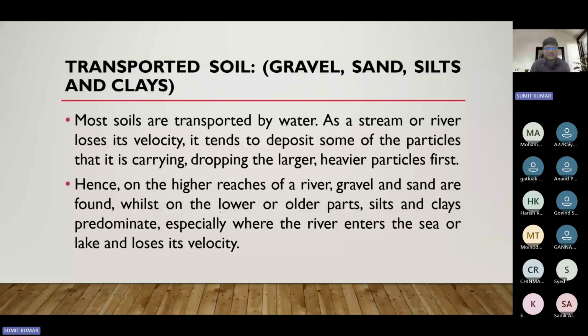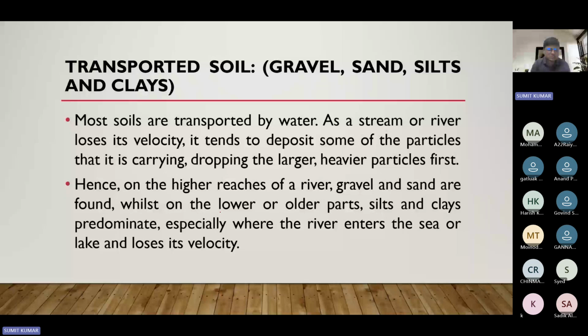As it moves forward, it now carries the small particles with it, but as the velocity goes down during the low flood time, where the river carries low water itself, it drops the heavier particles as well, because at that velocity those particles cannot be carried by the river, hence the small particles get dropped out.